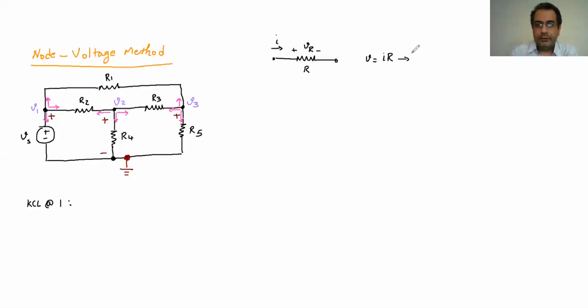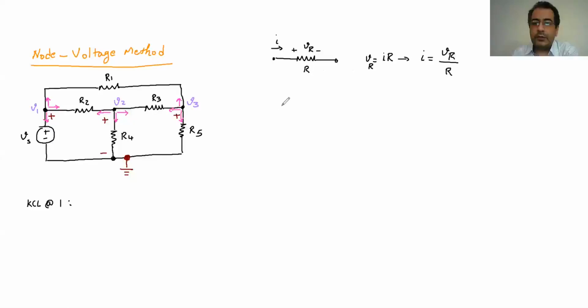Therefore in this case, VR is IR, and therefore I is just VR divided by R. So this is the current we have here.